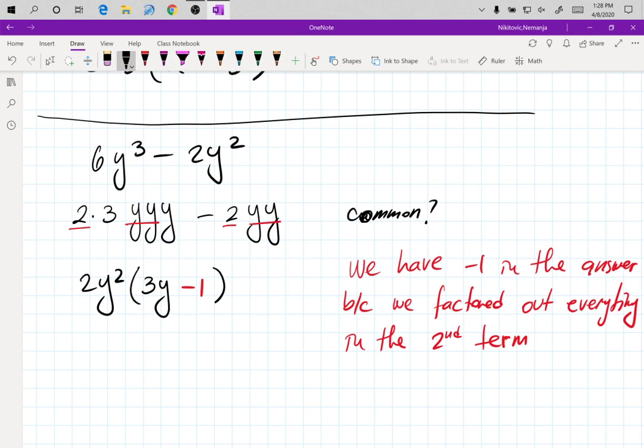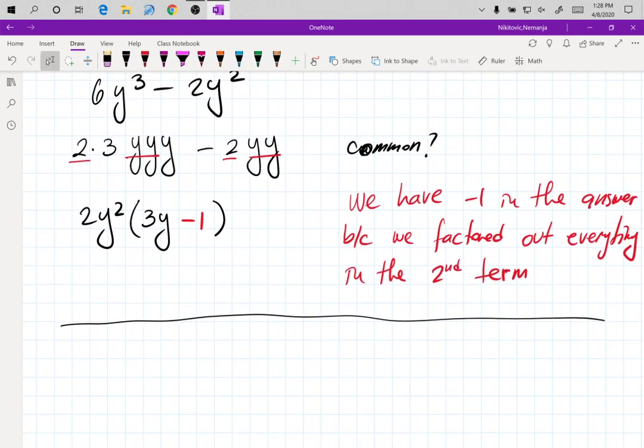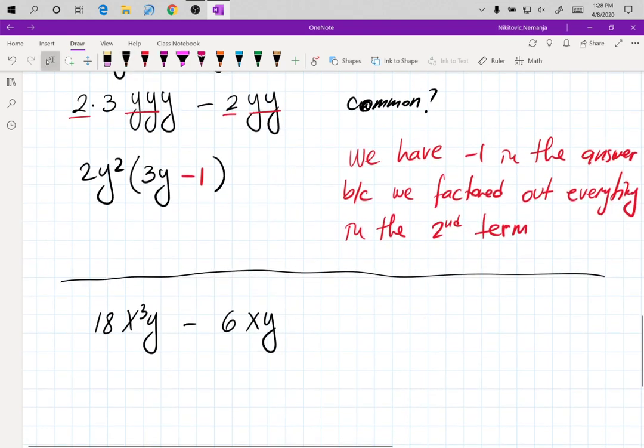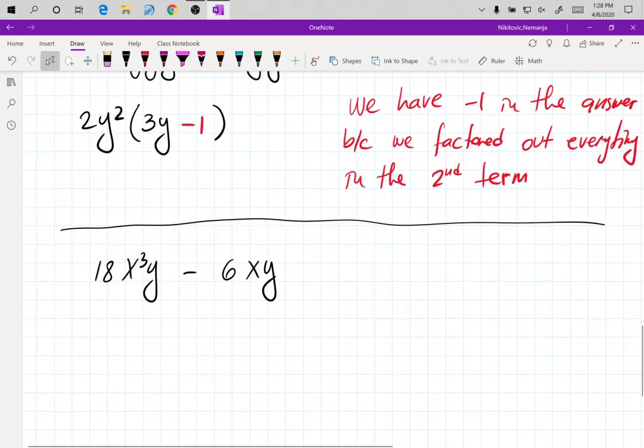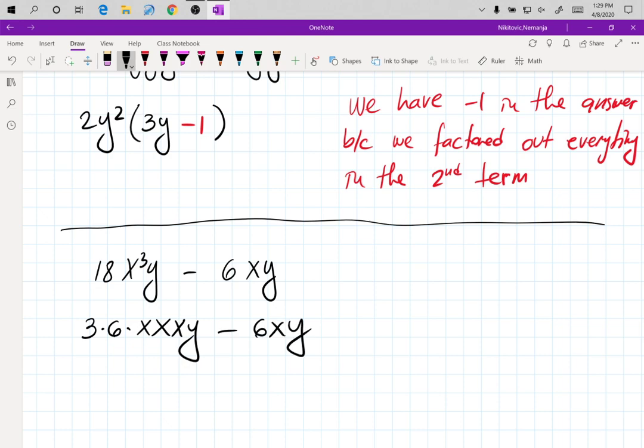Let's take a look at another example of something like this. So say you have 18x cubed y minus 6xy. Since we see this is a 6 and that's 18, we can write 18 as 3 times 6 times xy minus 6xy.